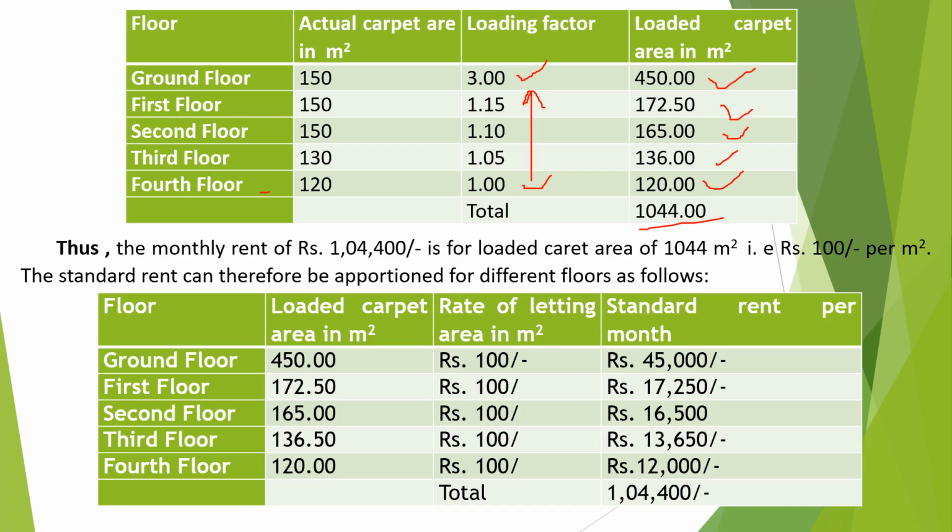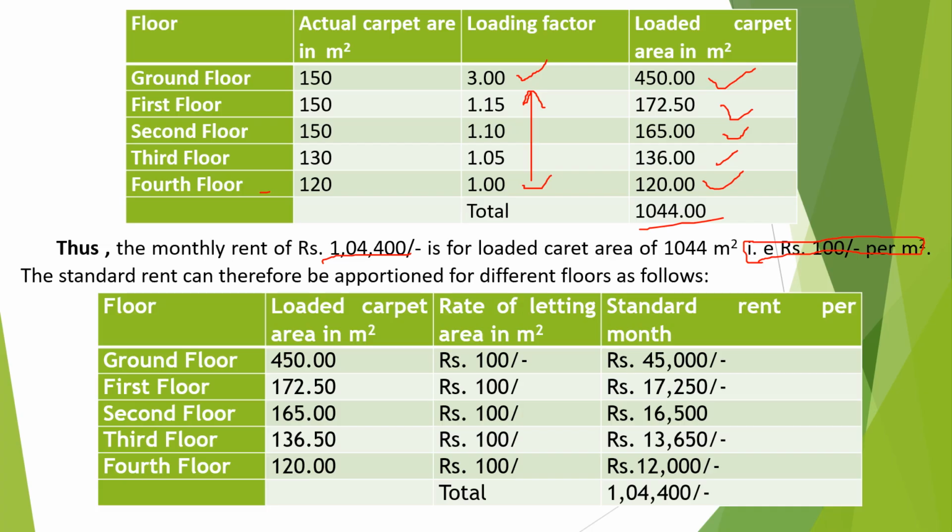This is the total loaded area, 1044 square meter, and monthly rent is given to you as 1 lakh 4400. It means per square meter rent comes out to be 100. So you can calculate the rent for each floor.